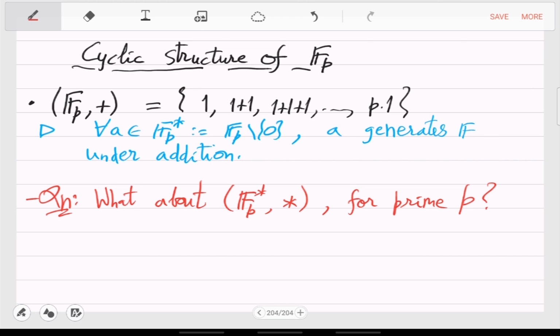For prime p, 2 may work, but for other primes p, 2 may not work. When 2 doesn't work, then what will work? So it seems to be a very complicated problem to identify which elements will generate the powers of an element A. So that is what we will resolve in this class. Such a magical element is called primitive element.